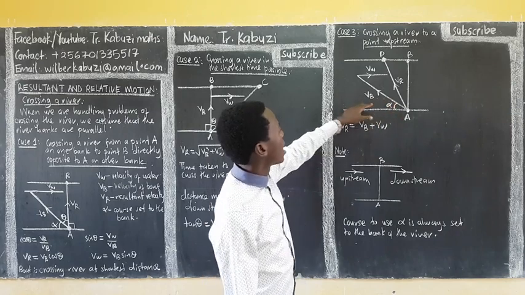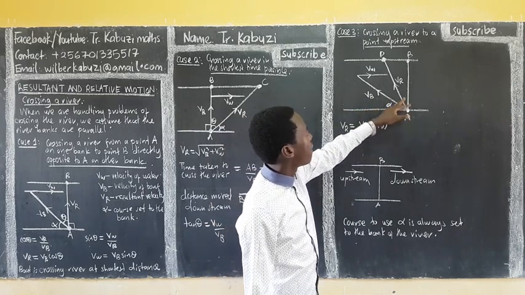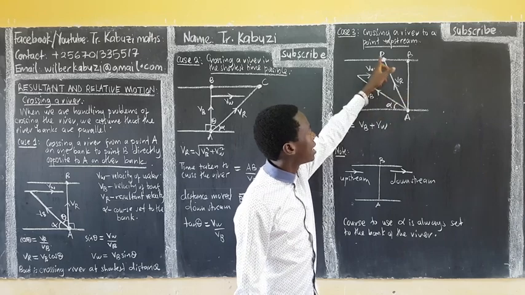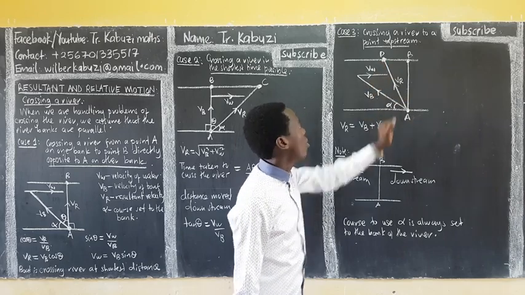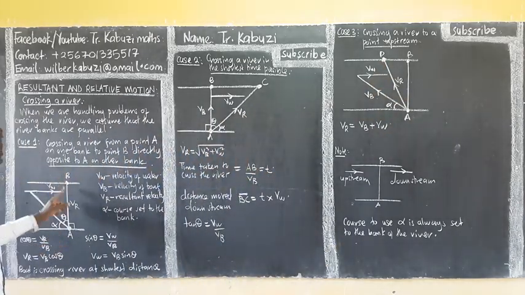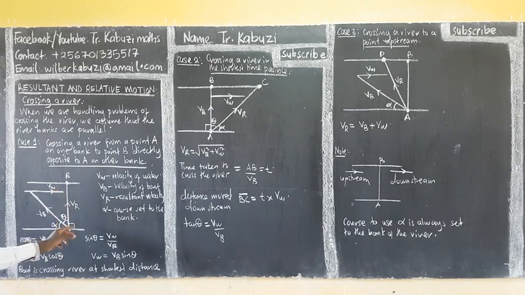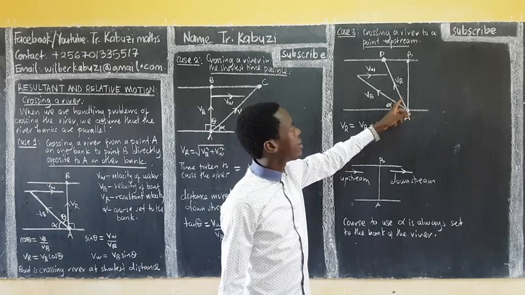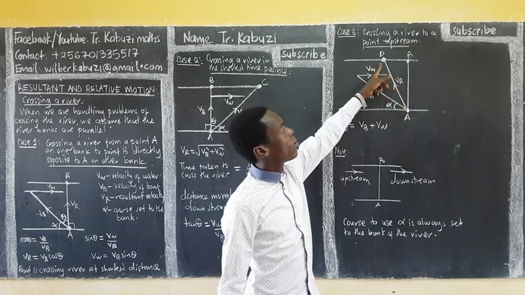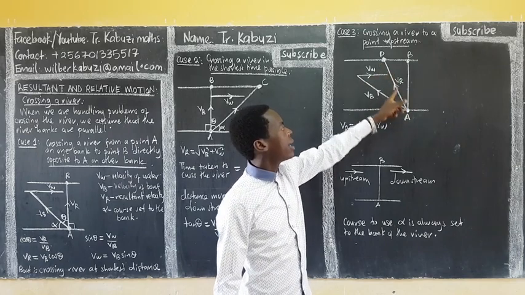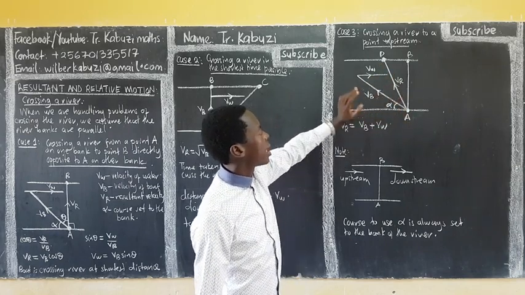You see the difference here: our velocities are in relation to the way we want to go. But here, we just want to cross in a shorter time. If you want the shortest distance, the resultant should be straight there. This one is our resultant, because we want to go to a point from where we are, so we are pushing a little bit to the side.